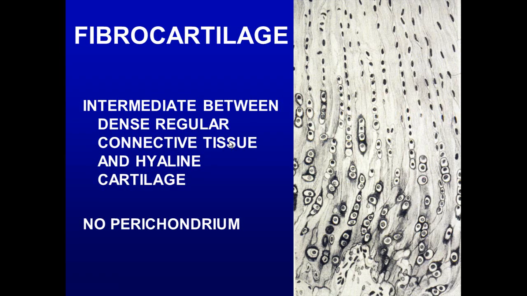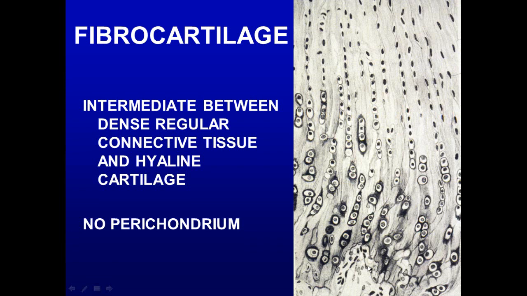The third type of cartilage is fibrocartilage, and that is something that's intermediate between a ligament and bone. And so what you have, instead of having fibroblasts coming down, you have chondrocytes located in here, and so these cells differentiate into chondrocytes, and then it hooks onto the bone.